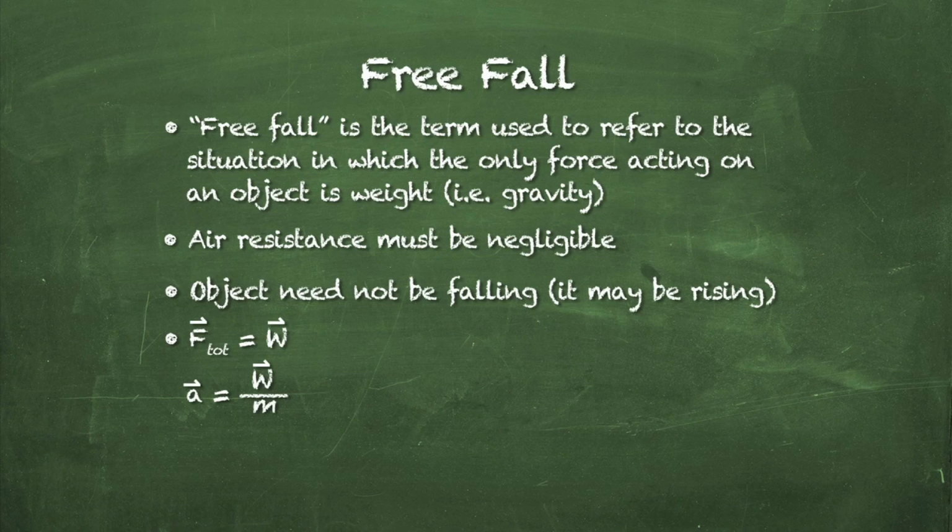And remember that the weight is mass times g, so the mass in the numerator and denominator cancel out, and we're left with the acceleration being 9.8 meters per second squared in the downward direction. So it doesn't matter what kind of object it is. As long as it's in the air and the only force acting on it is gravity, the object's acceleration is going to be 9.8 meters per second squared downward.